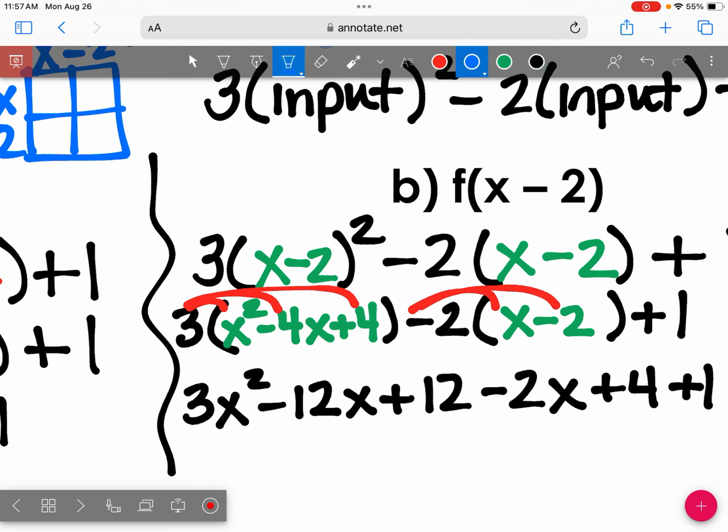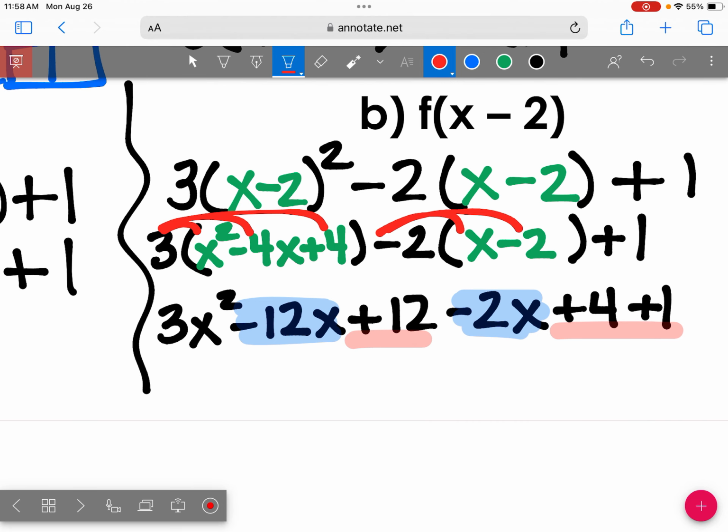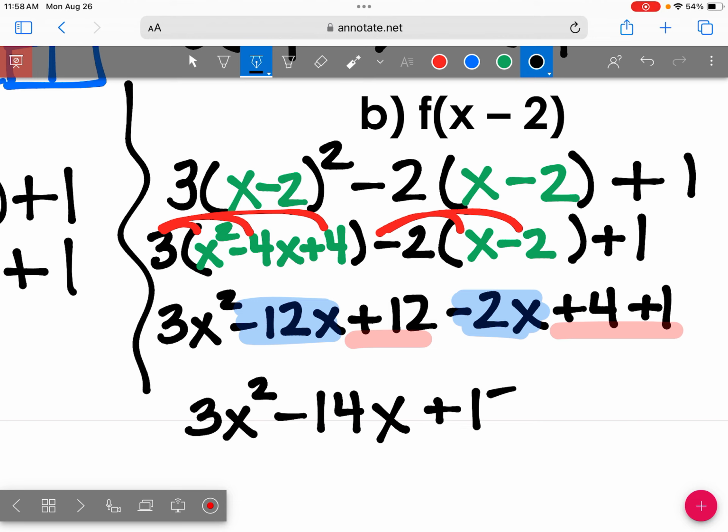And then your last step would be to combine your like terms. So these are like terms. Go ahead and add that together. And then these are like terms. 12 plus 4 plus 1, 16, 17.